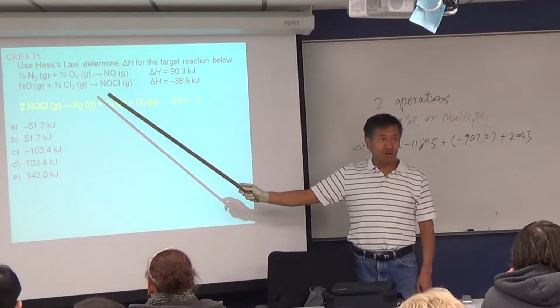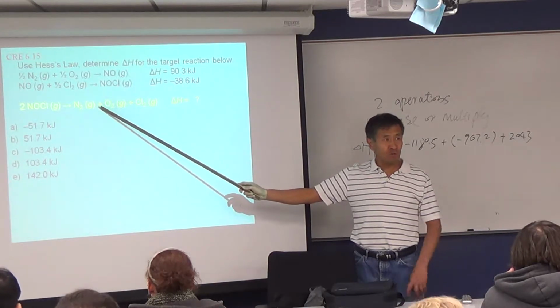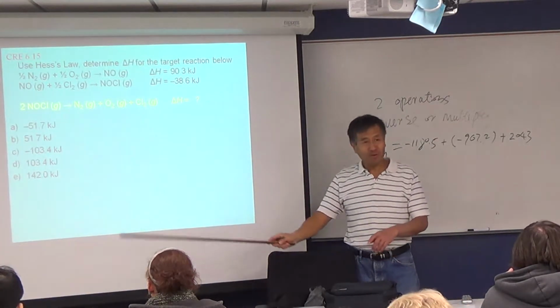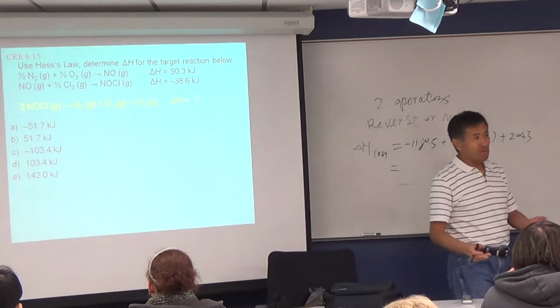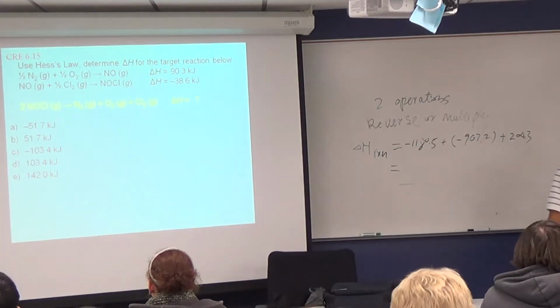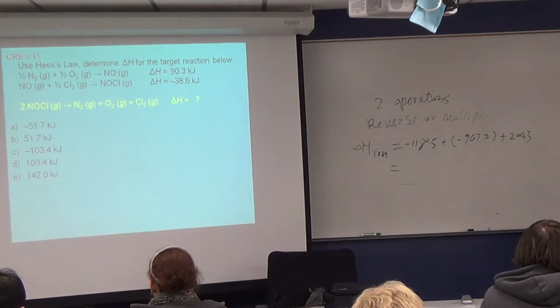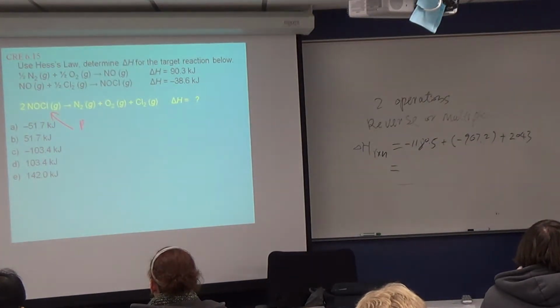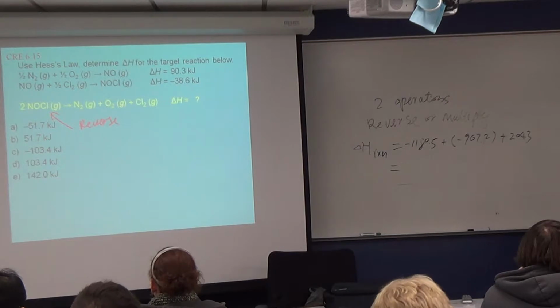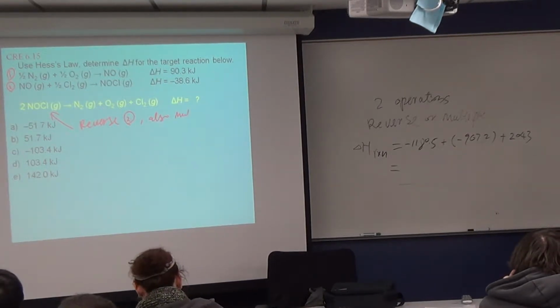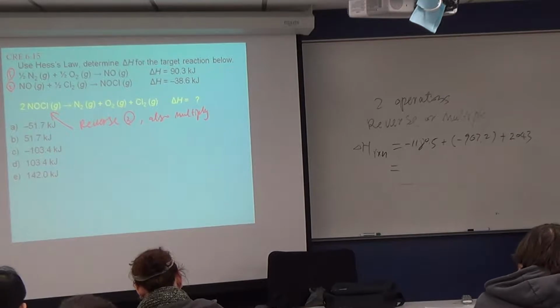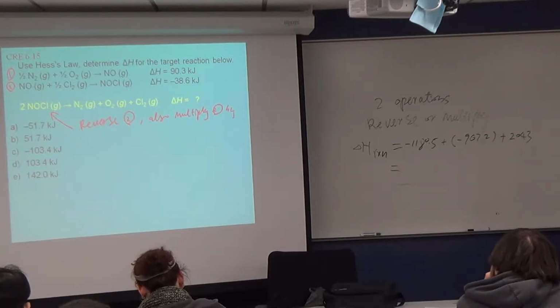Which equation gives you NOCl? I give you how many? So it is not the right number, also not the right place, right? You need it on the left side, and you need 2, right? So this tells you to reverse. So this 1, this 2, you reverse 2, and also multiply 2 by 2.